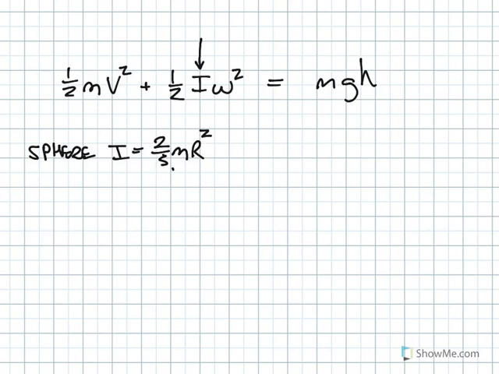Recall that if we have something rolling along, its center of mass has a velocity v, it's rolling with an angular velocity omega, and it has a radius r. The v and the omega are related by this little equation: v is equal to r omega.